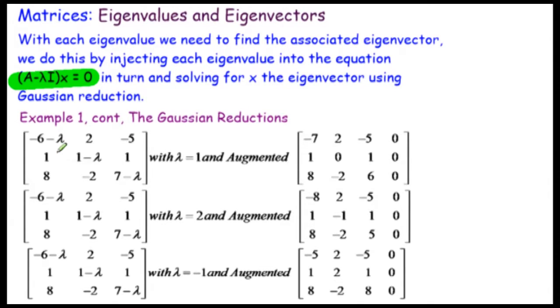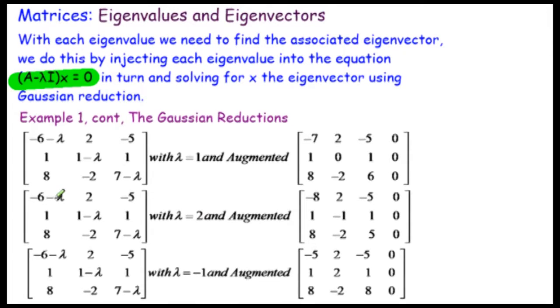First up, lambda equals 1 into 6 minus 1, it's minus 7. Then we augment it with the zeros, because the zeros on this side, we need to solve it for this particular vector x. These are the augmented matrices which we're going to use Gaussian reduction on, and you put 2 in.